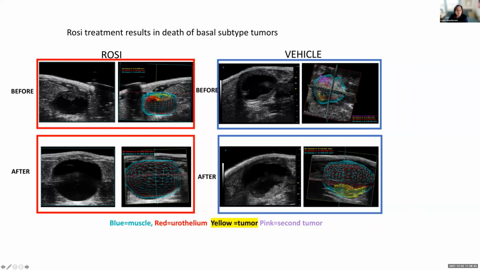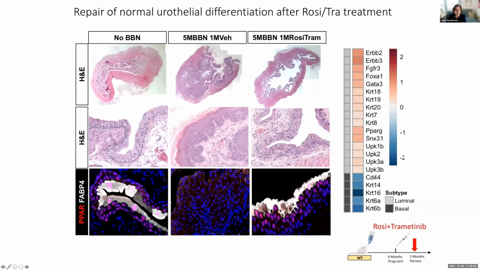Here the ultrasound shows formation of a tumor, in yellow. And after this agonist, at 1 month, these tumors are basically gone. And we actually find them gone after about 4 days. So we see that the tumor cells undergo apoptosis very shortly after PPAR gamma agonist treatment.